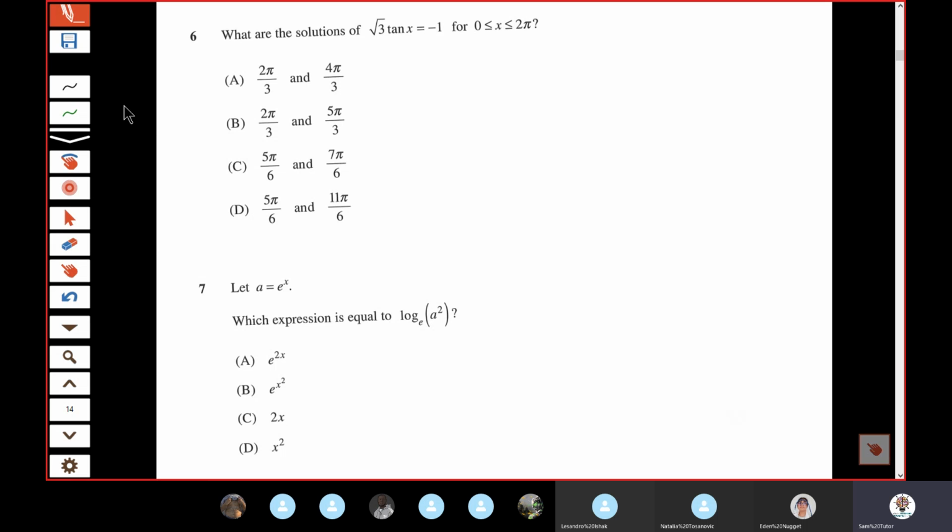Question 7 as well. Did someone get an answer for 6 that they want to check? What do we get? D. Seems like everyone's saying D. If anyone's not able to do it at home, I'll go through it.